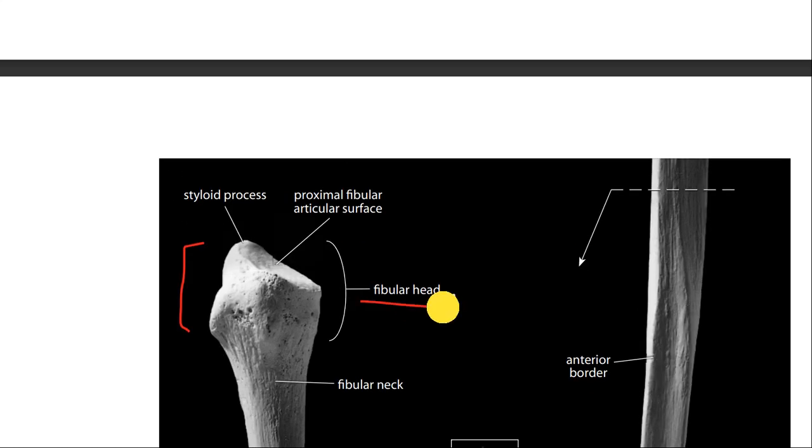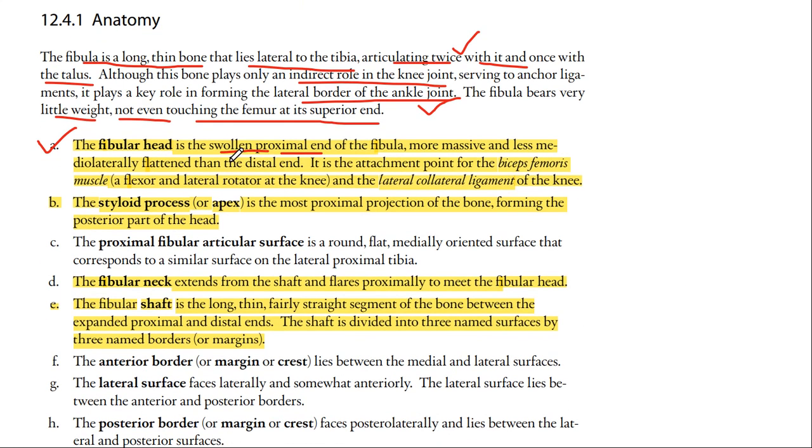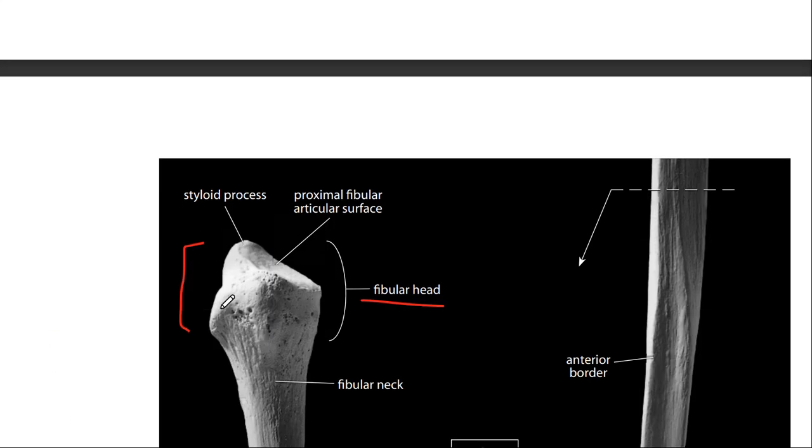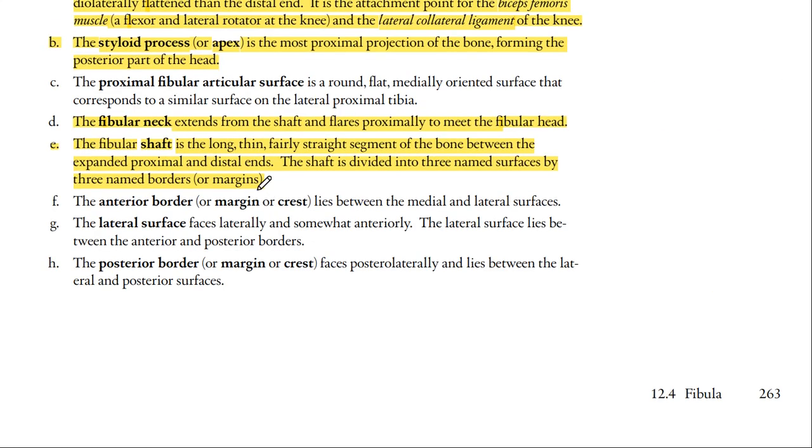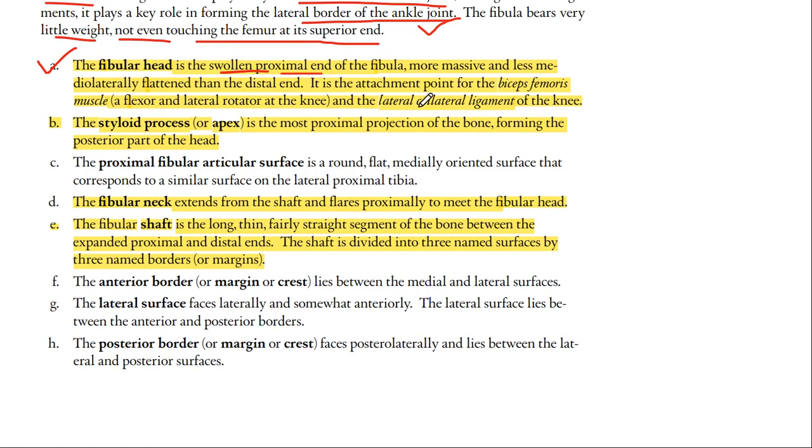Now in the case of the fibular head, as it says, it's a swollen proximal end of the fibula, a swollen end with a styloid process on the lateral side directing laterally. And then we have a proximal fibular articular surface as a part of the fibular head, right? Again, it facilitates the biceps femoris muscle for attachment and the lateral collateral ligament of the knee.